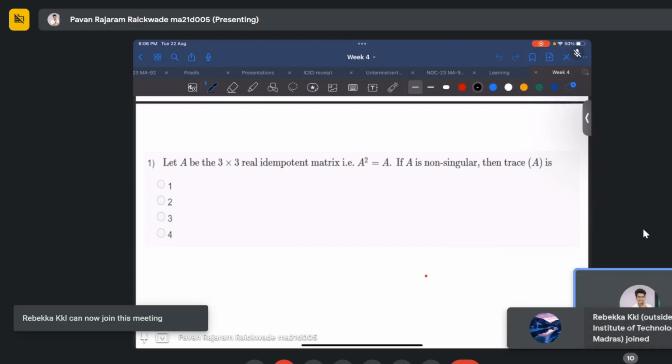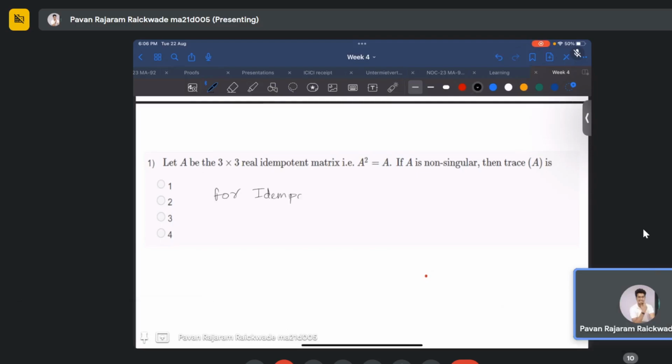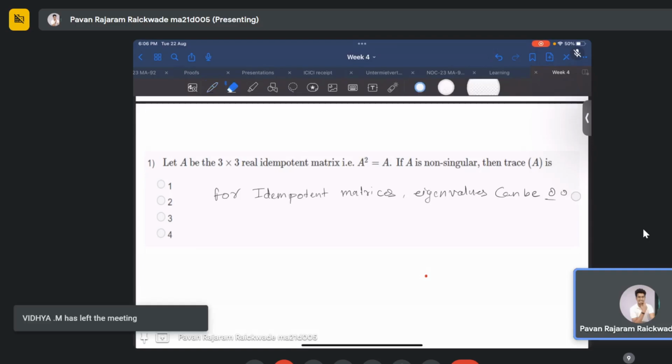And for idempotent matrices, eigenvalues can be 0 or 1. These are the only choices of eigenvalues, right?